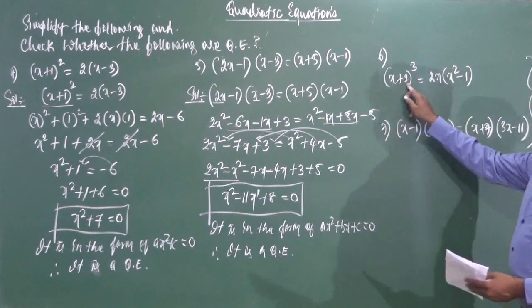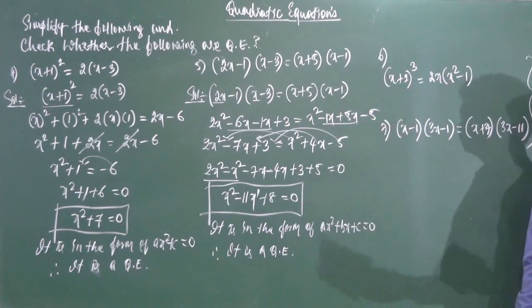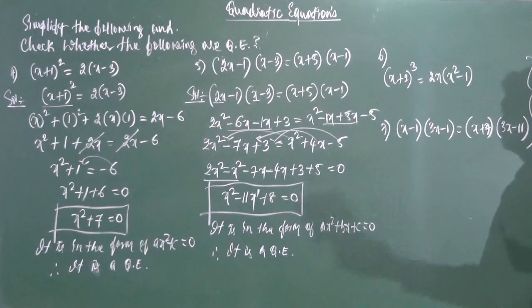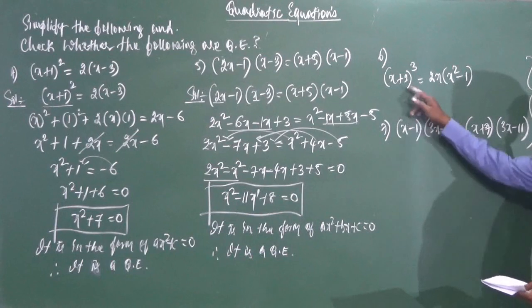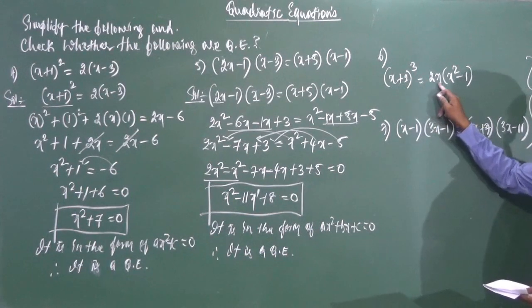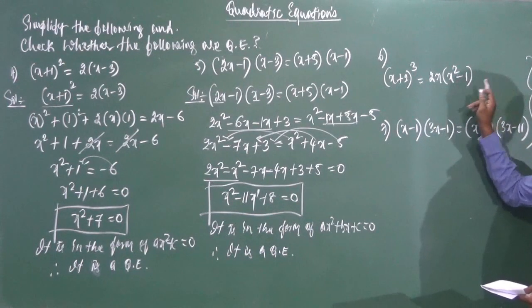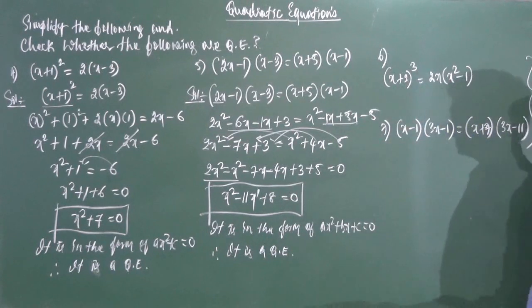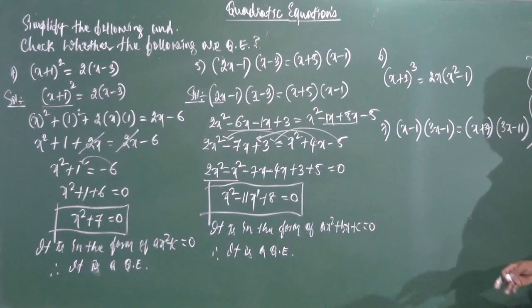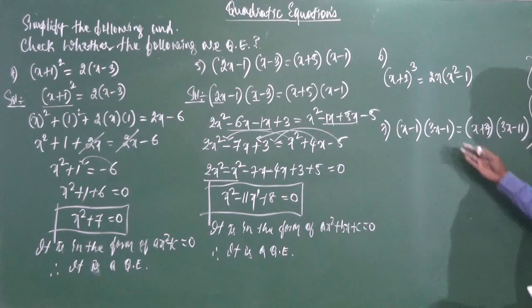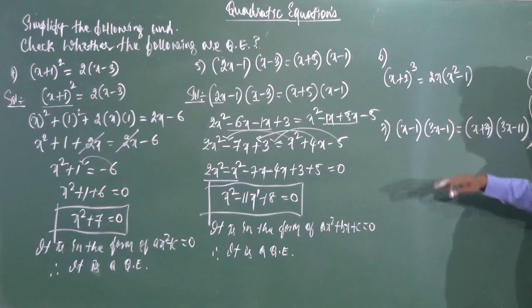Apply the (a plus b) whole cube formula here: a cube plus b cube plus 3ab into (a plus b), which you have come across in your lower classes. So (x plus 2) whole cube is equal to 2x into (x square minus 1). Maybe the cubes are going to get cancelled. Maybe you are going to reach a quadratic equation. Maybe not, I don't know, right? Solve it, then please check it out.